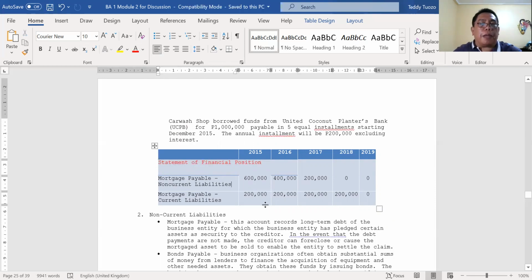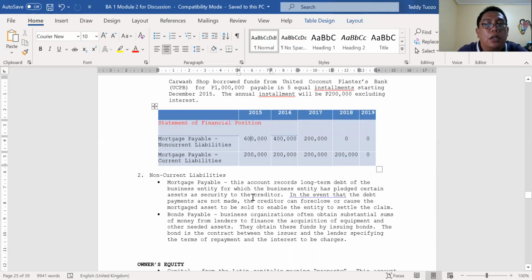Under mortgage payable, under non-current liabilities, it is 1 million minus the 200 that is current, the portion paid within the year. That's why the mortgage payable under non-current liabilities is 600,000. Then and so on and so on.